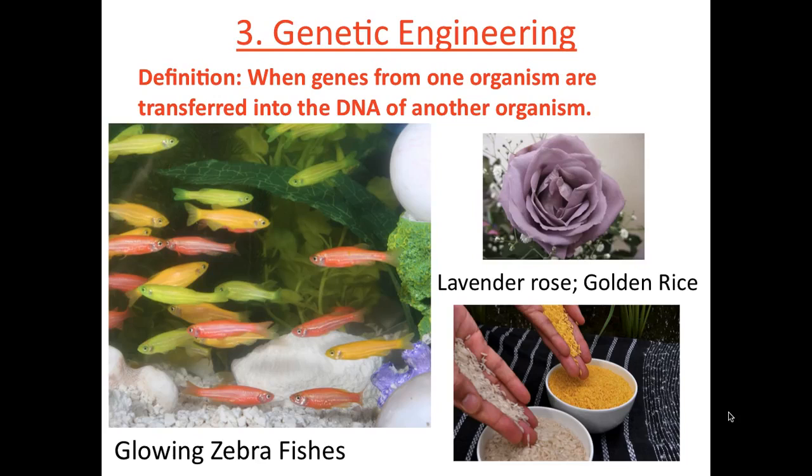And they use a virus to transfer that gene into the rice so that when you eat the rice, it's now fortified or enhanced with a vitamin that is essential to your health. And you can think about then giving this type of rice to people who aren't able to get these vitamins naturally in their diet. And for contrast, here's some normal rice, and here's the engineered rice here.